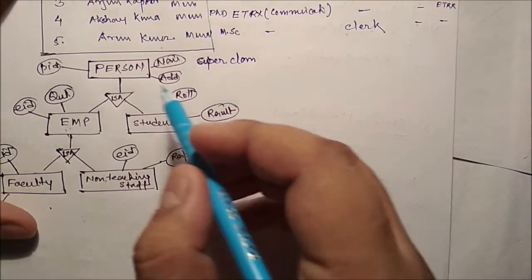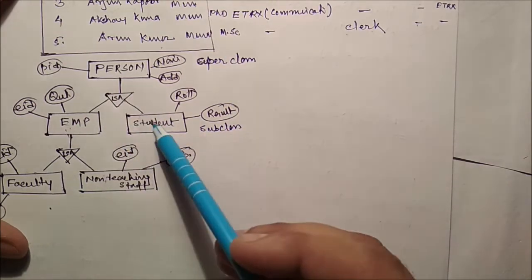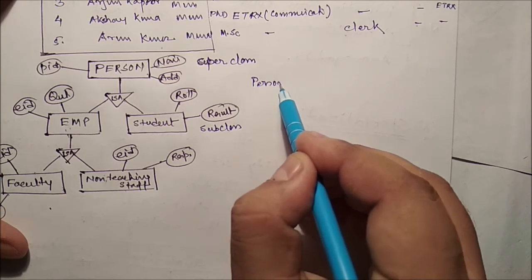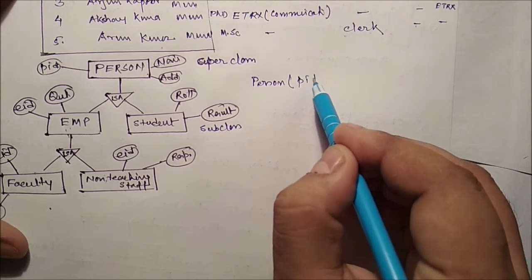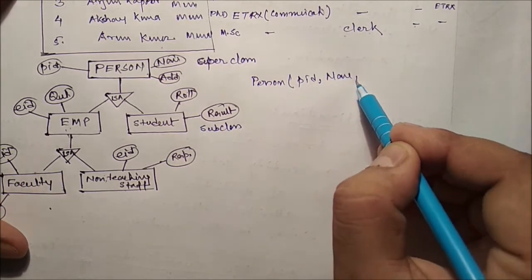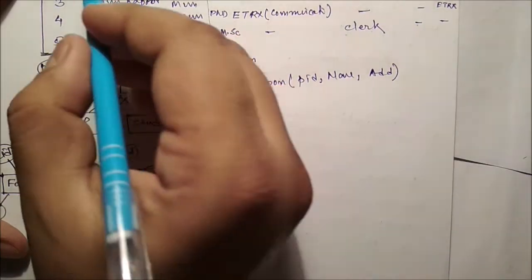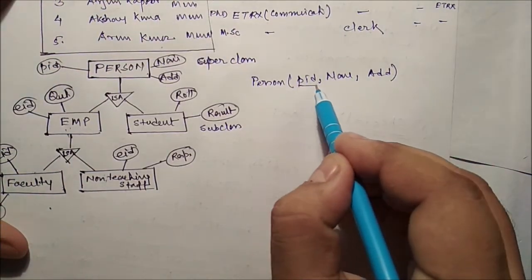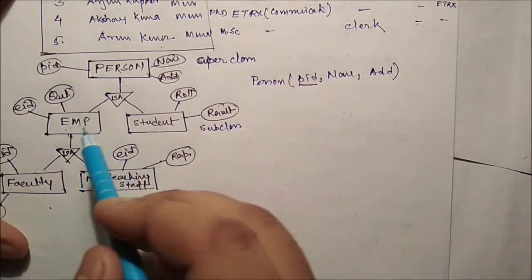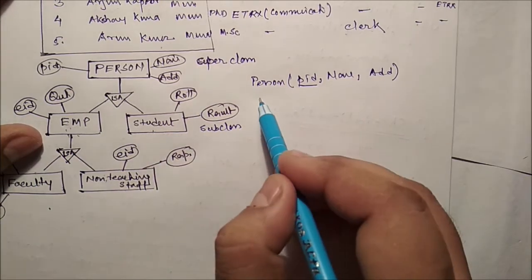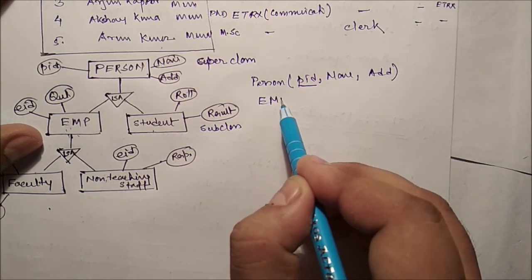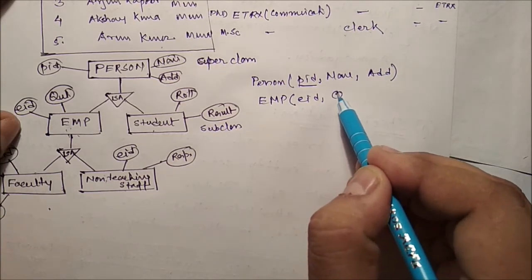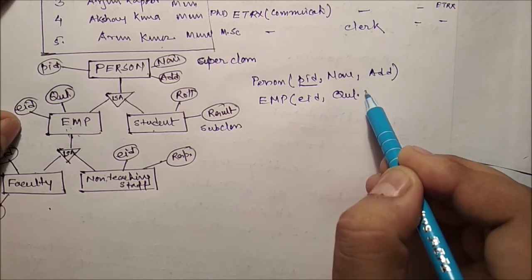Now how many tables are there? So 1, 2, 3, 4, 5 tables are there. A table name is say person. The attributes are person ID, name, address, where person ID is the primary key. So it is common for all. Next is employee and student. In the employee part, we may write employee ID and qualification, only these two.